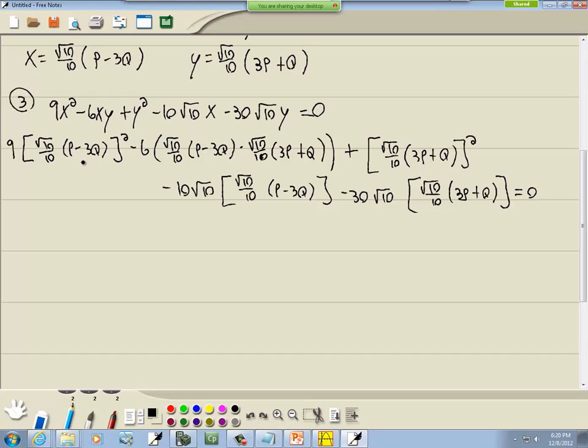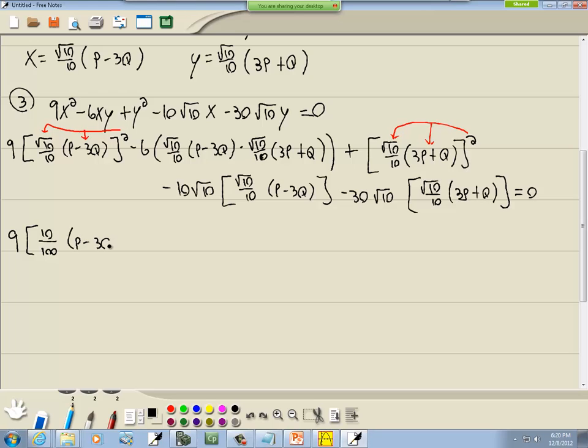Let me double check myself. That looks right. Again, if we have a square, we can square this separate from this, and same thing here. So I have 9 times, I square this. When I square a square root of 10, it gives me 10, and 10 squared is 100.